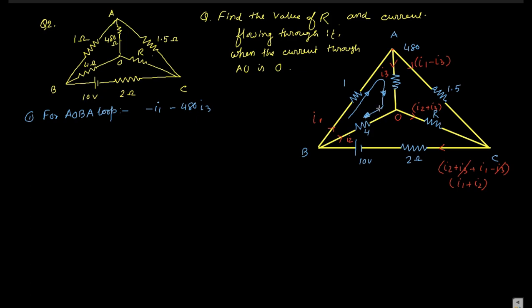Here the direction of the path and the current are opposite, so you get a potential gain: 4 into I2, is equal to 0. This is equation 1. Applying I3 as 0, it becomes 4I2 minus I1 equals 0, so I1 is equal to 4I2. This is expression 1.